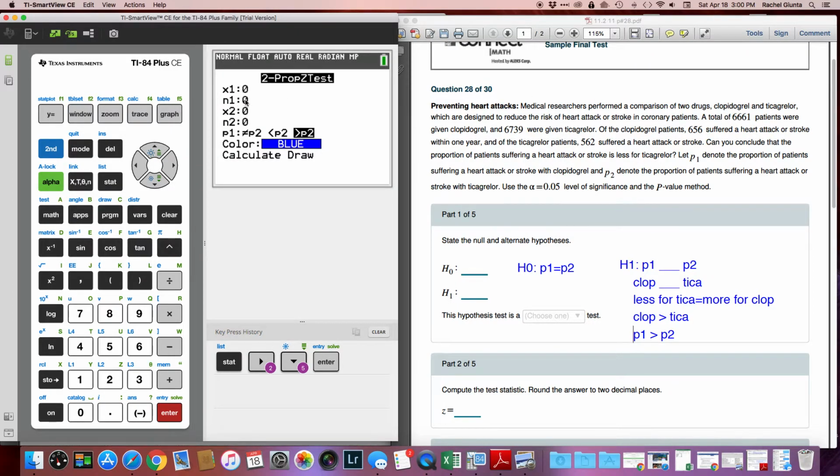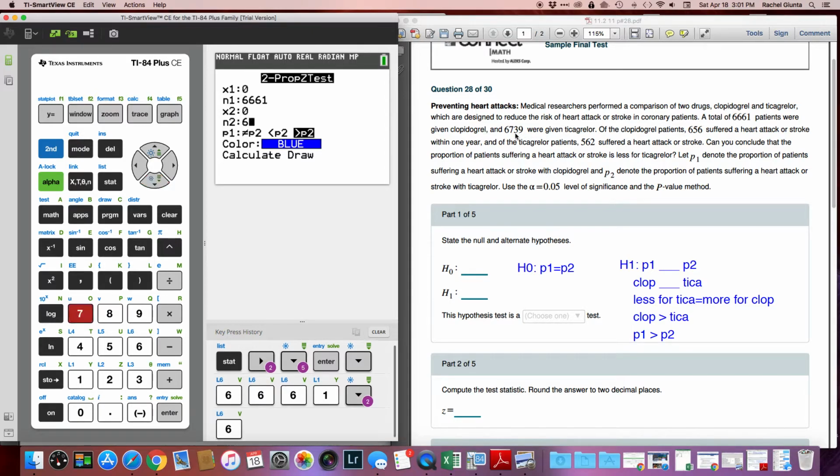And I'm just going to fill them in the order that they show up in here. So 6661 is the sample size for the first one, and then it tells us the sample size for the second one, which is 6739.